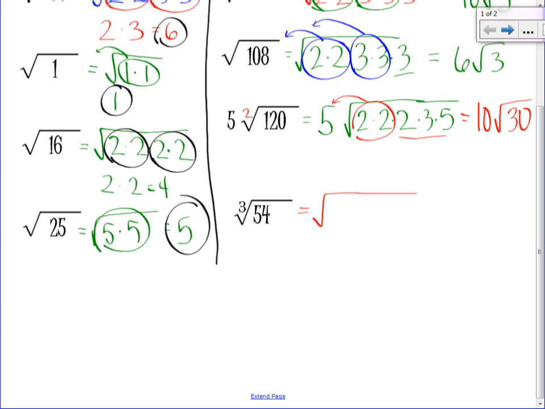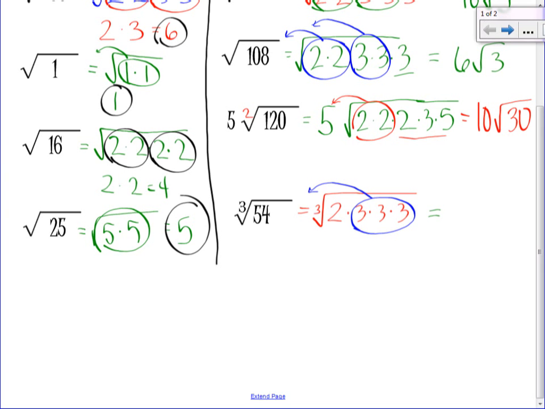So we've got 54, which is 2 times 3 times 3 times 3. We do have a group of 3. Forgot to write my little 3 out here.